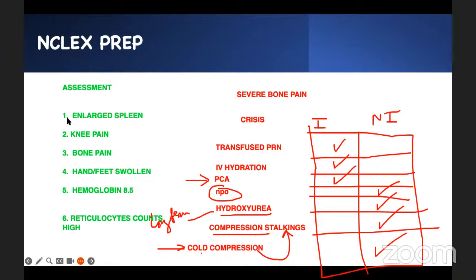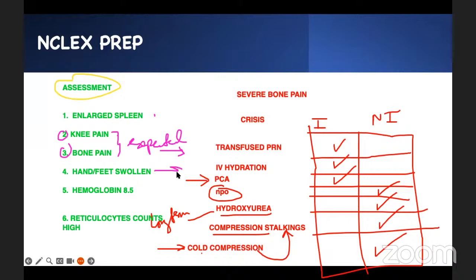Which of this is concerning to you? These assessments, which of them is concerning? Tell me. Enlarged spleen, bone pain. Of course, knee pain, bone pain is an expected finding for somebody in crisis. When I ask you which is concerning, go for the unexpected finding, right?